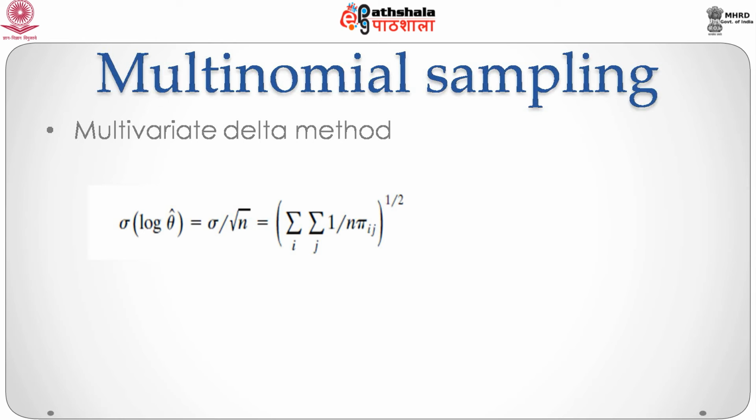So in case of a 2 by 2 table, the individual could belong to any of the 4 cells of the table. So in this case, we are referring to joint distributions, and it is necessary to use the multivariate delta method to derive the standard error for the log odds ratio. It turns out that the same kind of symmetry holds in this situation, and the expression using the multivariate delta method is as given below on this slide.